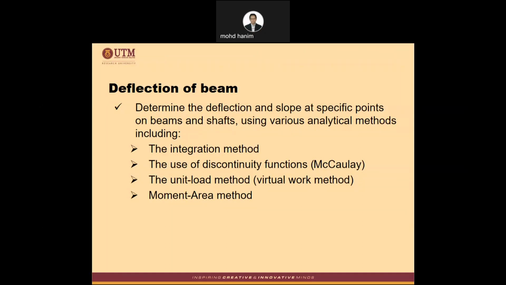And we also have done the unit load method or virtual work method, the same method that we use for truss analysis, for the analysis of truss member forces and also deflection. And this is the fourth method for deflection of beam, moment area method.